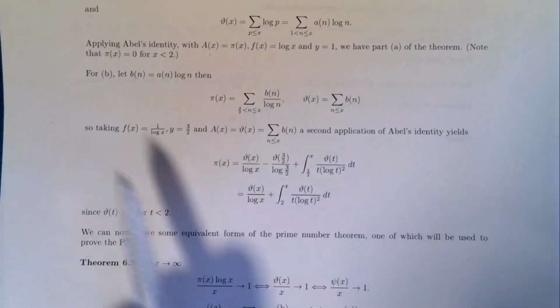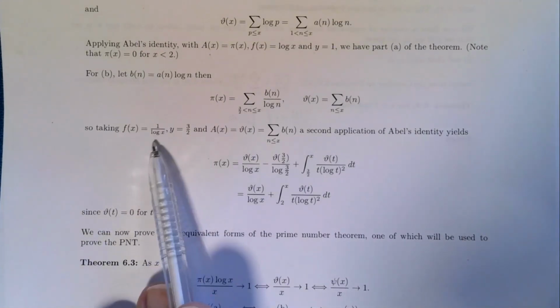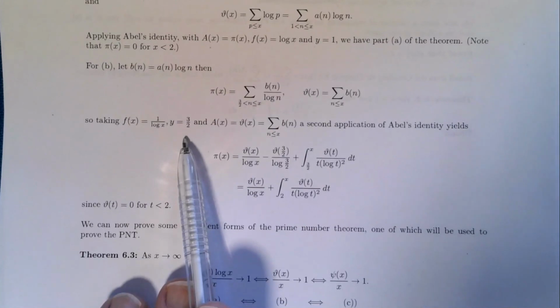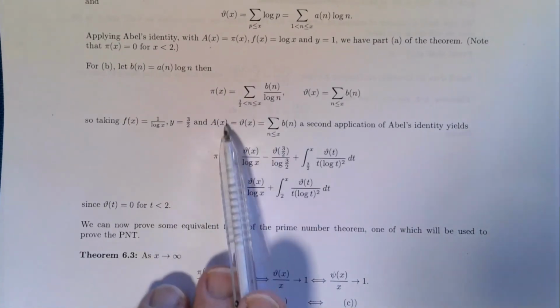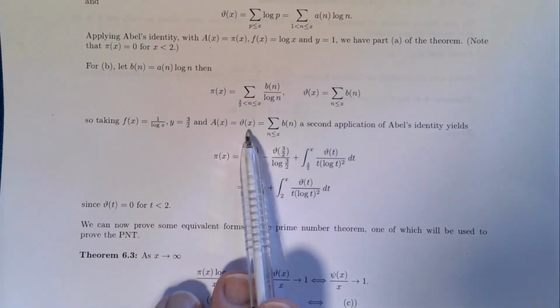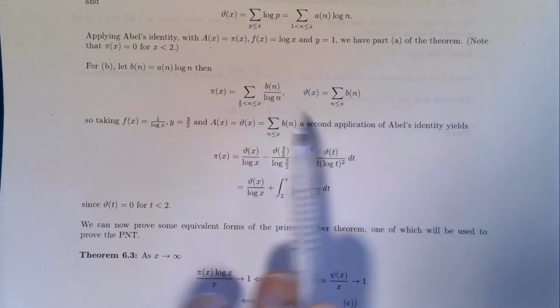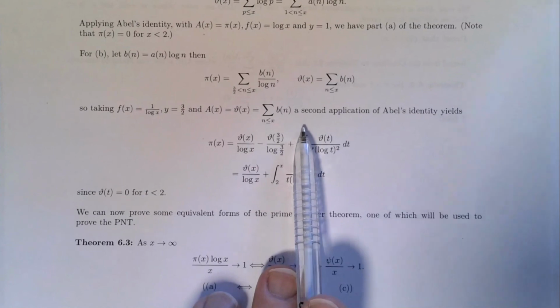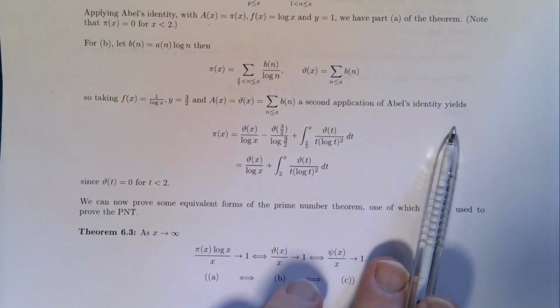We take f(x) to be 1 over log x, and we're going to use y as 3/2. The partial sums are going to give me my theta of x, which we saw here, and we now apply Abel's identity again, and we just plug that in.